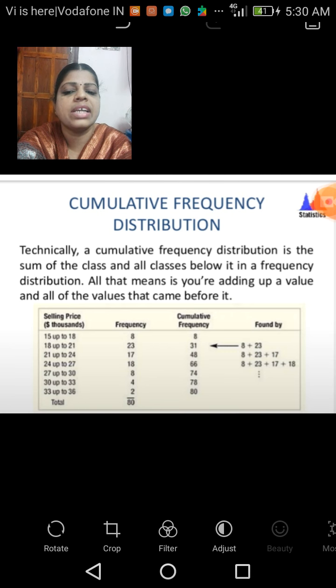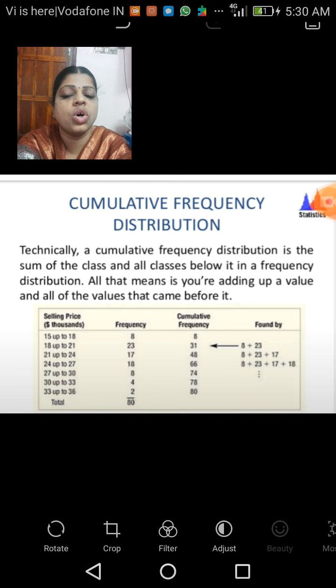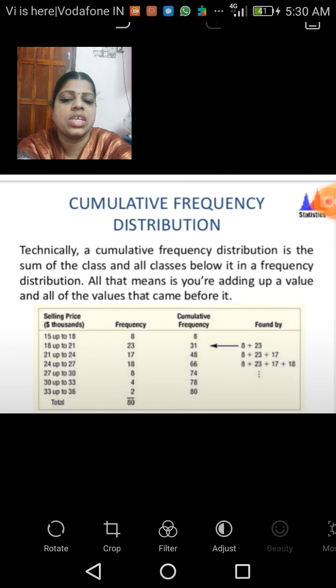And the next one, what is that? The cumulative frequency, the next value is 31. How did you get the value 31? If you add the value 8 to the value 23, we will get 31. And the next consecutive value is 48. How did we get that 48? That is also by adding the 31 to the 17.